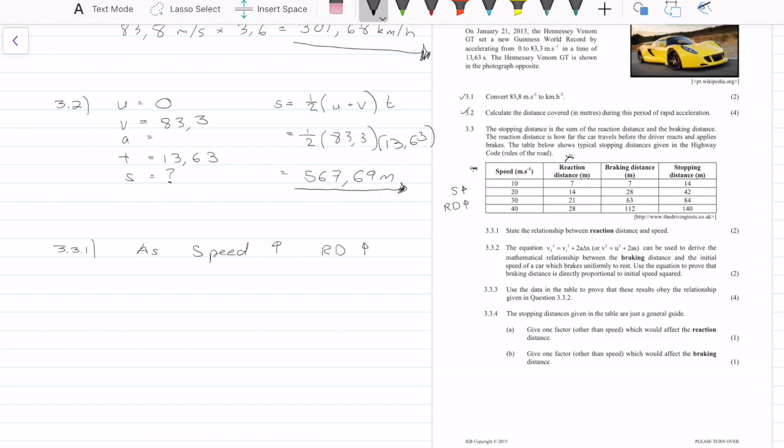That is a relationship on its own. But we can go a bit further. If we look at the speed and the reaction distance, we can see that the speed times 0.7 is equal to the reaction distance. Just check that with the first one. A speed of 10 times 0.7 is equal to 7 meters, and a speed of 40 times 0.7 is equal to 28 meters. So we see that it holds for most of it.